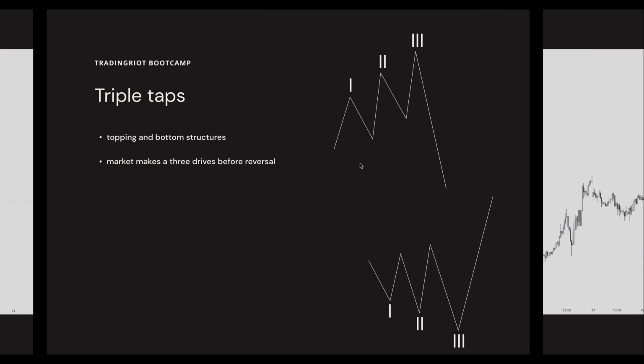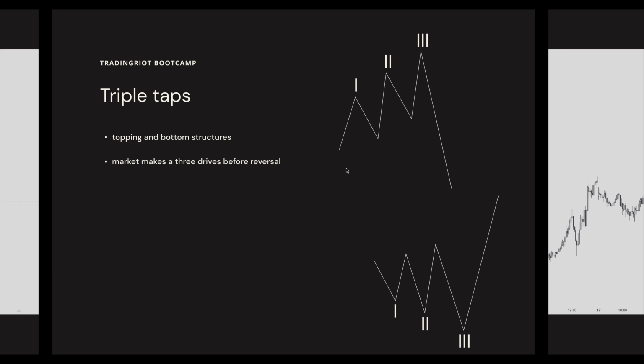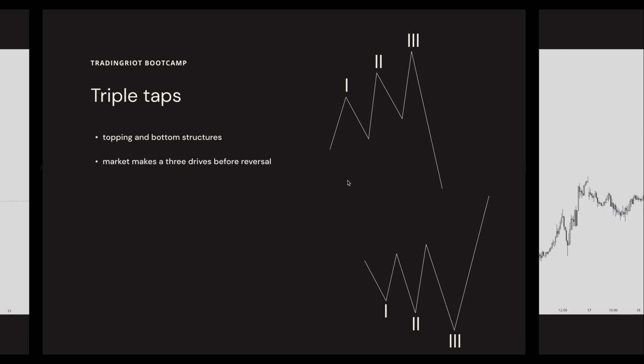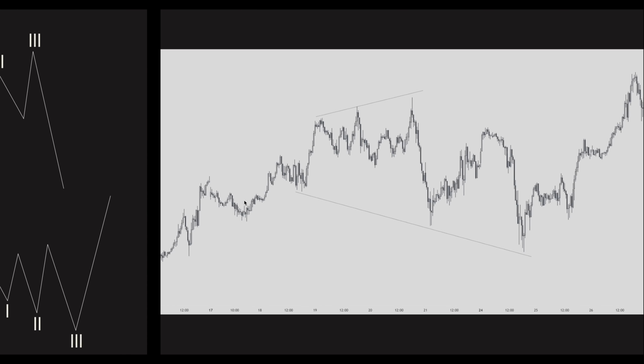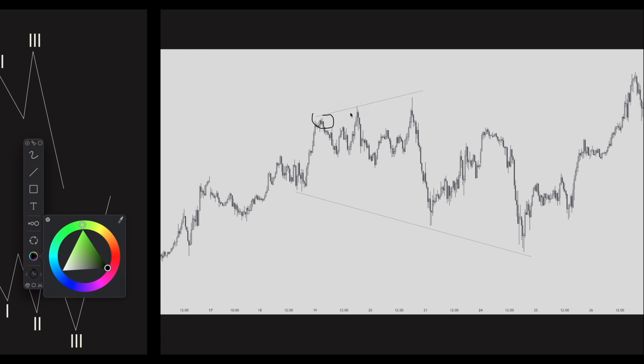V reversal, the triple taps, topping and bottoming structures: the market basically makes three drives before any reversal. If you take a look at the chart, this is crude oil, and you can see how it makes 1, 2, 3 drives to the upside.